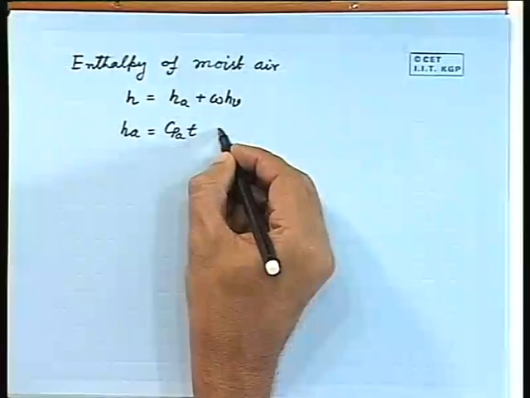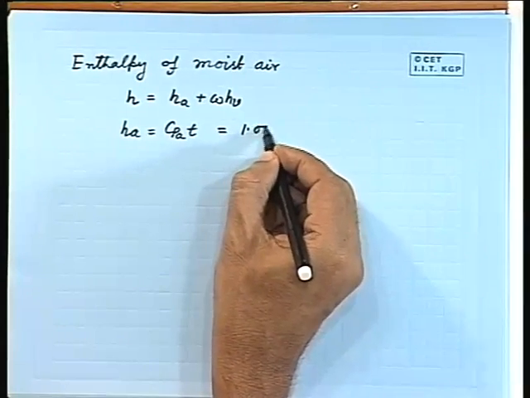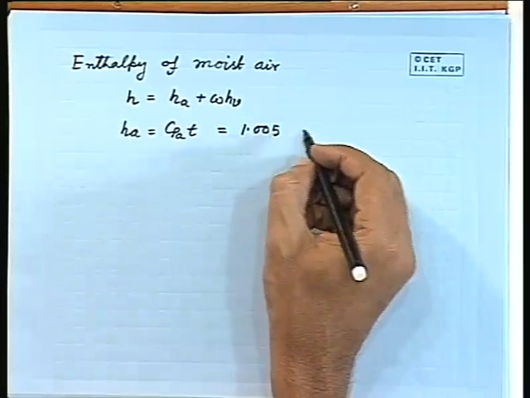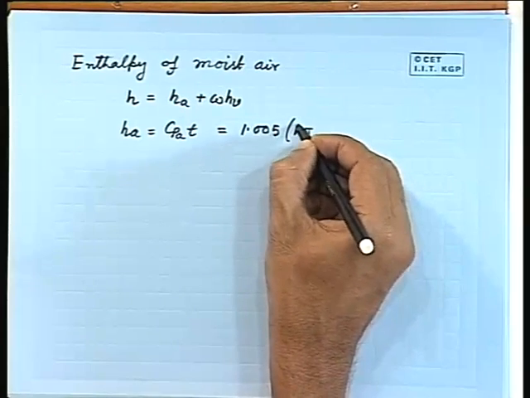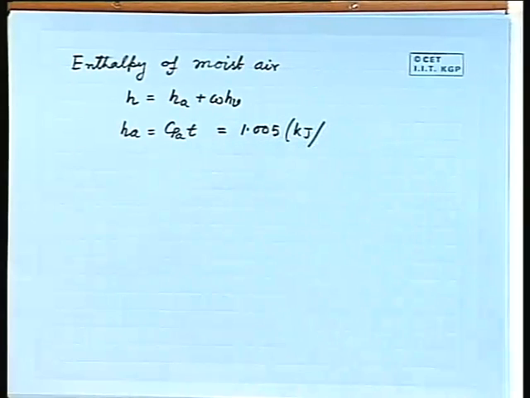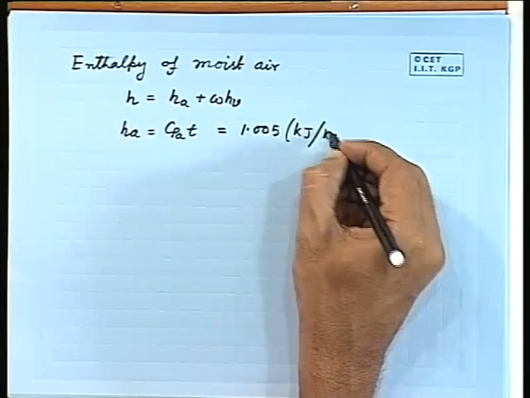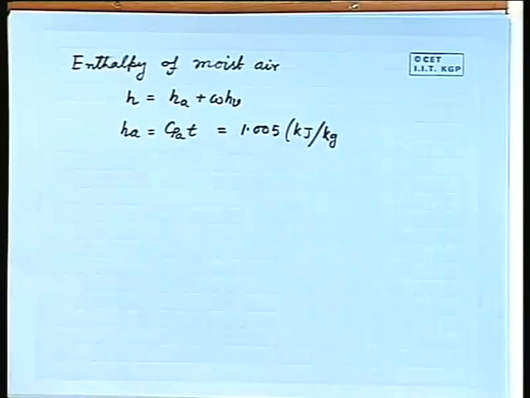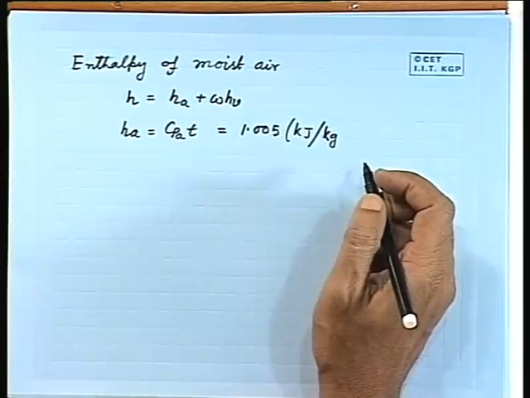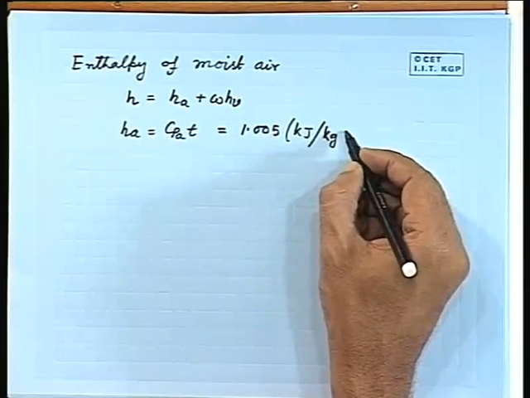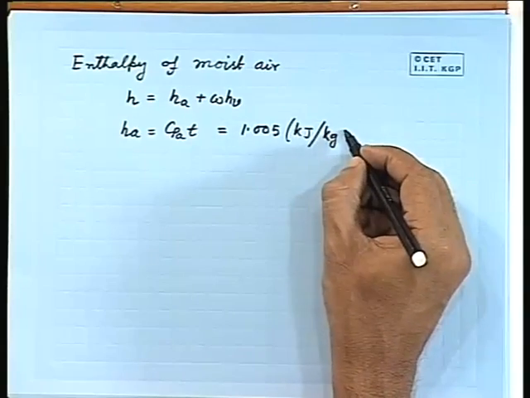That means, at 0 degree Celsius we assume the enthalpy to be 0, then we get this particular formula, and C_pa is equal to 1.005 kilojoule per kg, degree centigrade or Kelvin, whichever one can write.